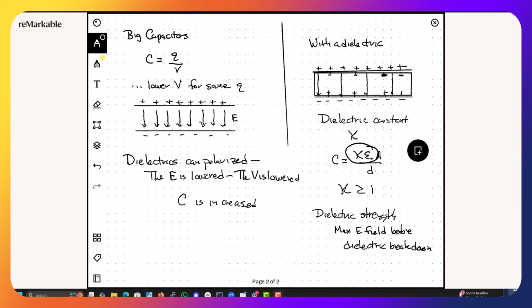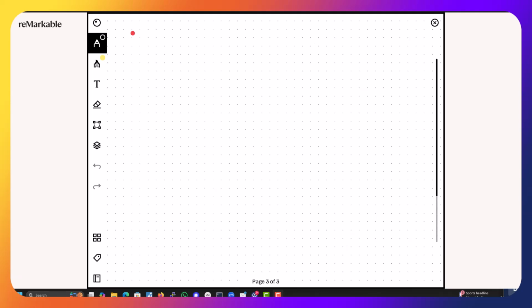Okay, last thing that I want to talk about for capacitors is energy storage. So we can write that the energy stored in a capacitor is 1/2 CV squared.